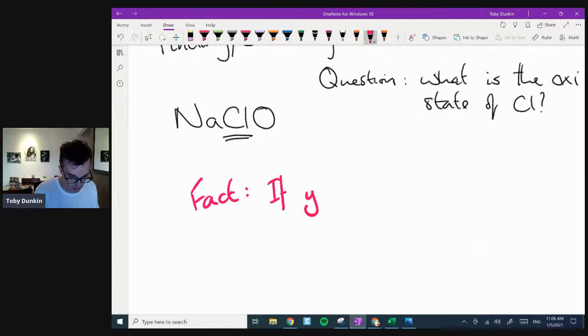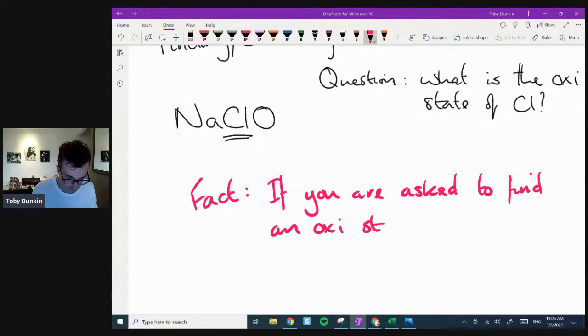If you are asked to find an oxy state, everyone else is standard.